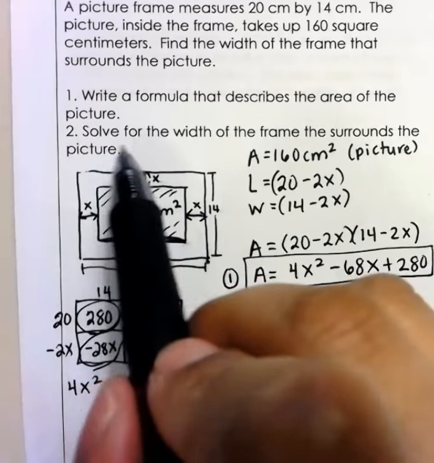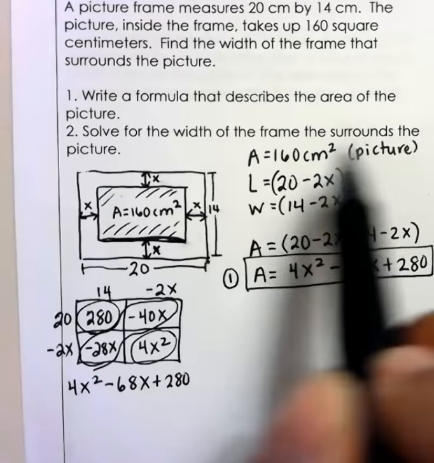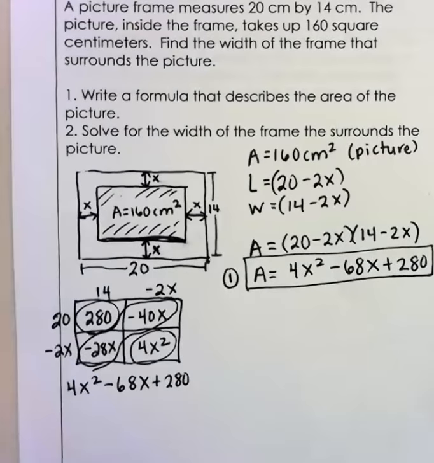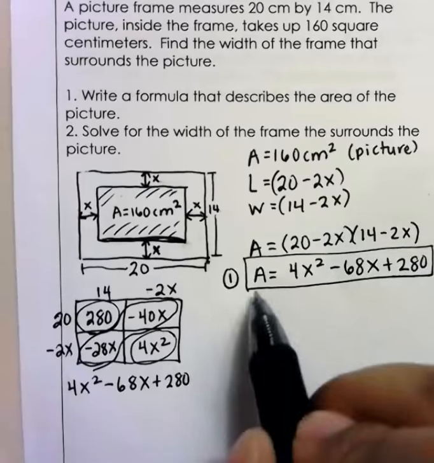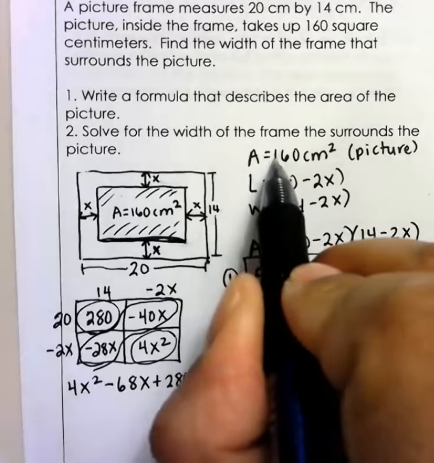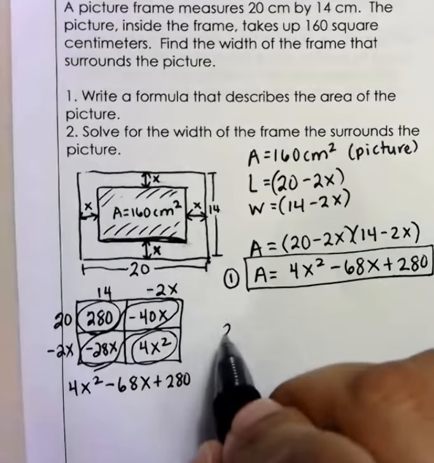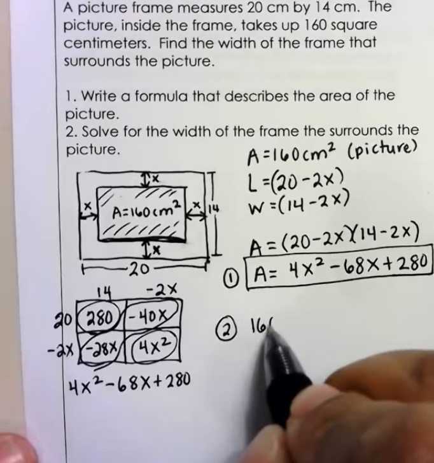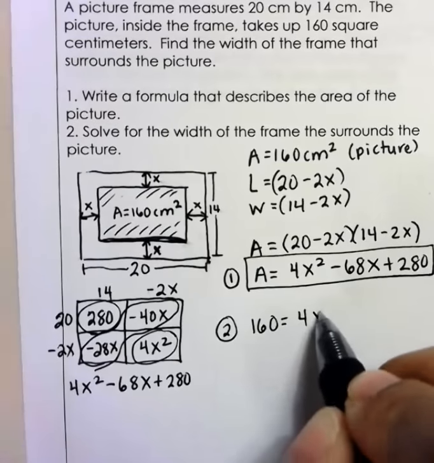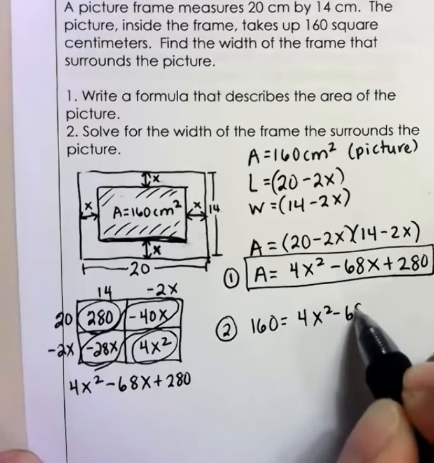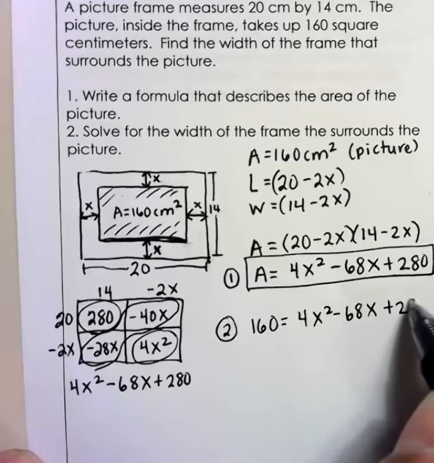Number 2 says solve for this width of the frame that surrounds the picture. So now they want you to solve for X. So now you have to use the fact that the area equals 160. So 160 equals 4X squared minus 68X plus 280.